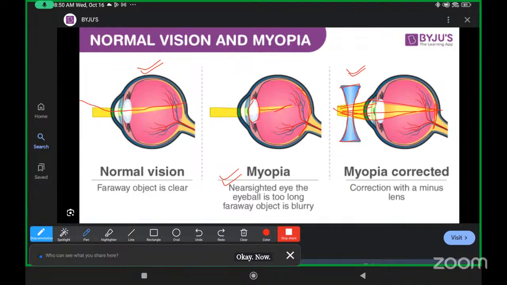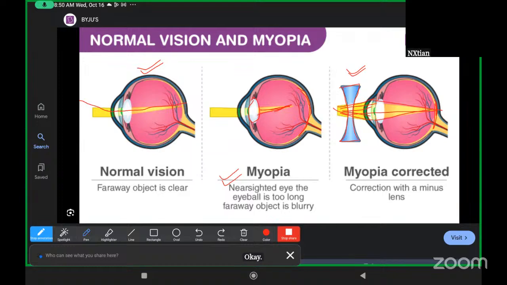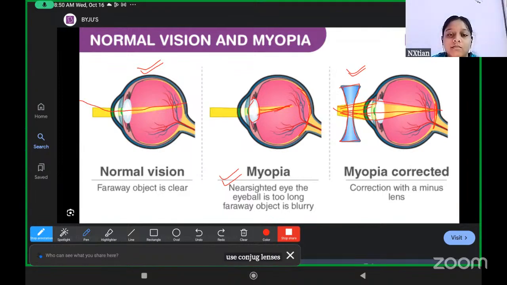Light rays are bending incorrectly or not even reaching the retina, but we use a concave lens so that they spread out first and then hit the retina, so that the image focuses on the retina instead of between the lens and retina. We use concave lenses to treat nearsightedness.